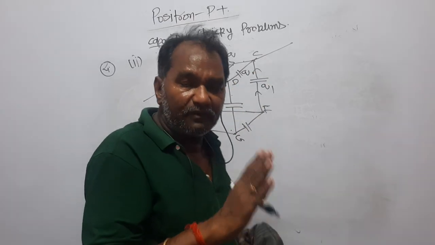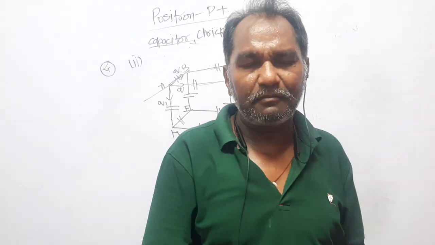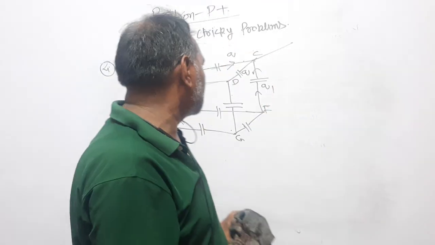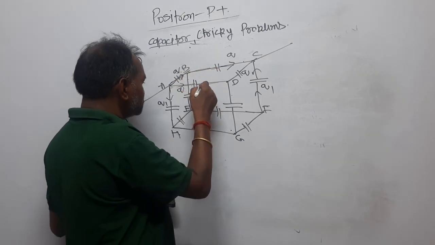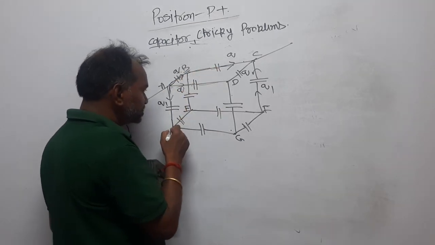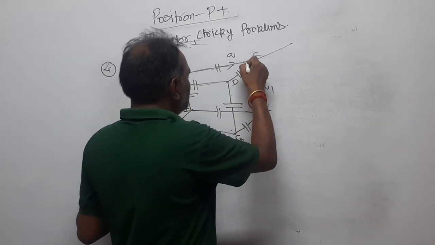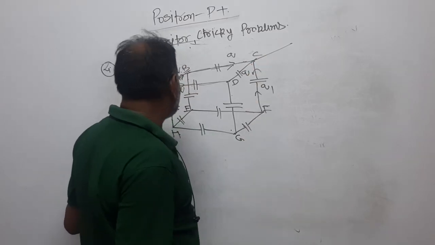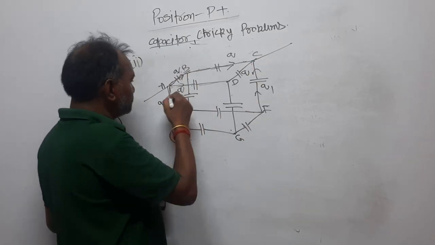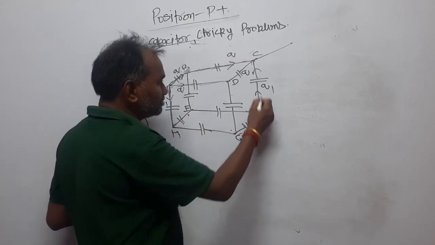Whatever way charge enters the circuit, in the same way charge leaves the circuit. Here in this branch Q charge enters, in this branch Q charge enters, in this branch Q1 charge enters, and again here Q charge enters, here Q charge enters, here Q1 charge enters. These two are similar, but this one is different because from here the charge will go through this and then come like this.